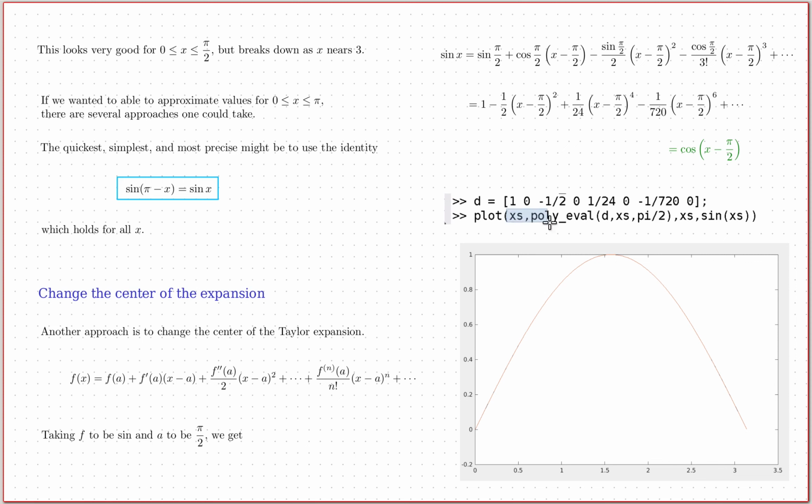The first plot is going to be the polynomial approximation, that's in blue, and the second plot will be the true value of sine, that'll be in orange. But as you can see, in this case, the two curves are indistinguishable over the entire domain from 0 to pi. Right? So this does give us a much better approximation than the first one did.